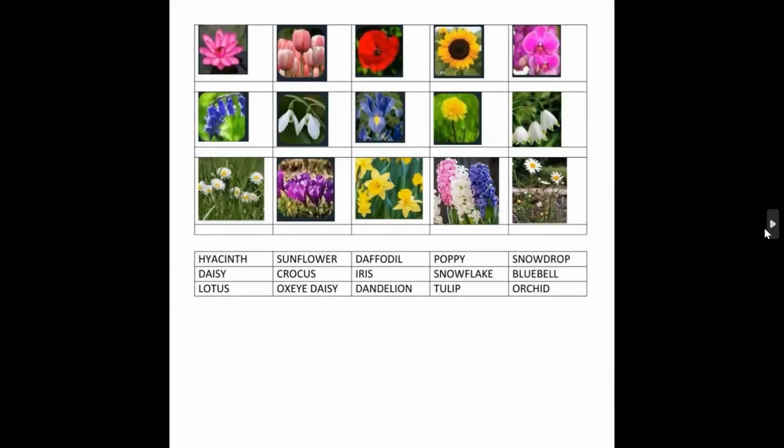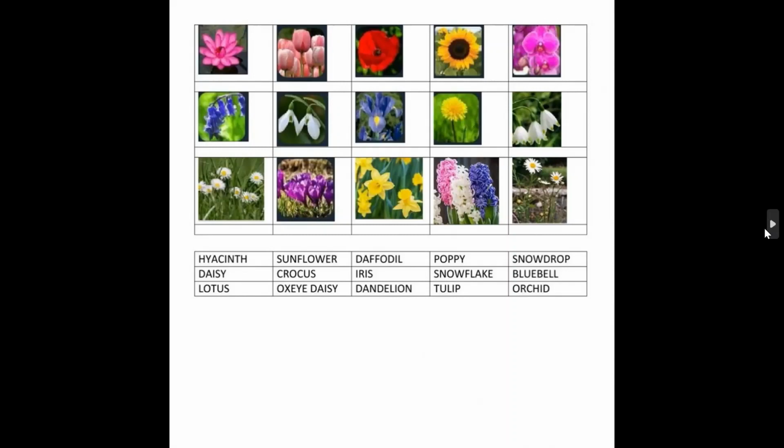So I hope you could name a lot of the flowers that you could see in the picture. Now, actually, if you couldn't, that's not a problem, because here we are getting the names of the flowers. Some of them probably are very similar or the same as in your first language.